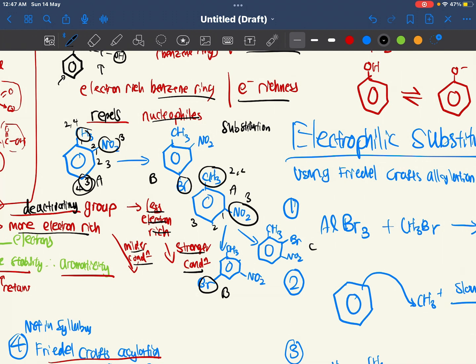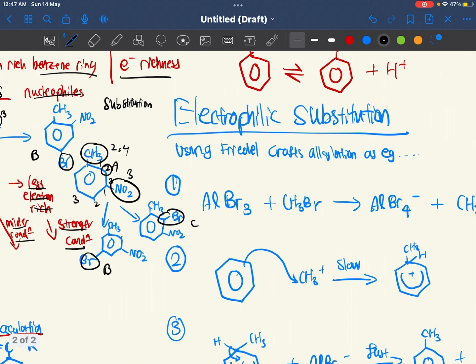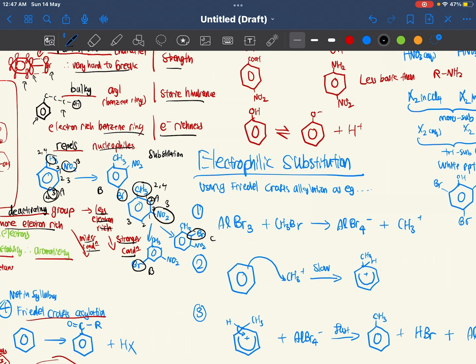So it's a 2,4 director. So 1, 2, 3. So it's possible here. So there we go. This is the thing that you have to look out for. You have to be aware which functional group you are looking at and substituting with respect to which one.